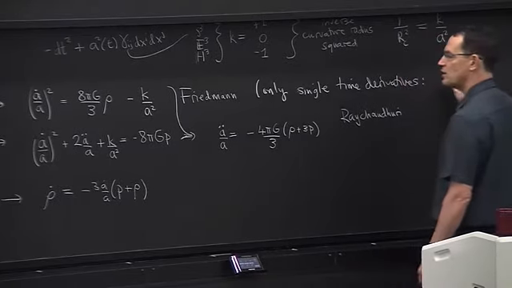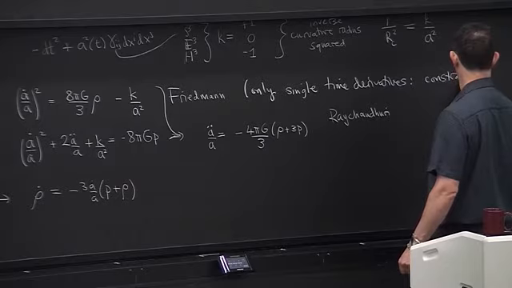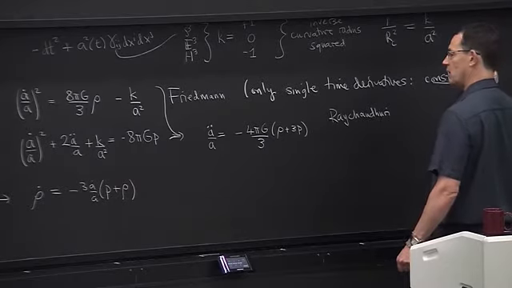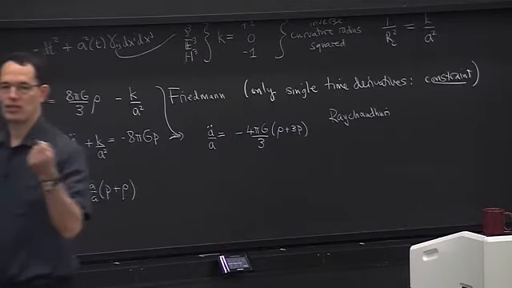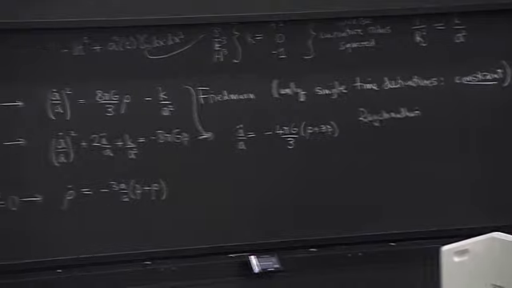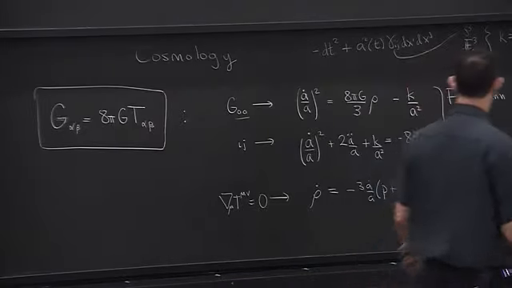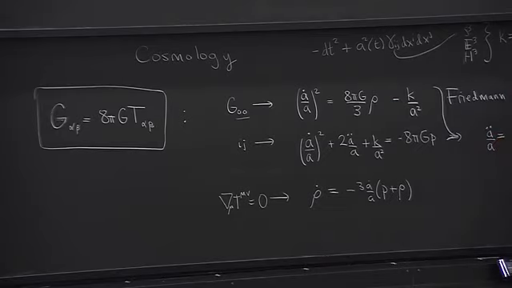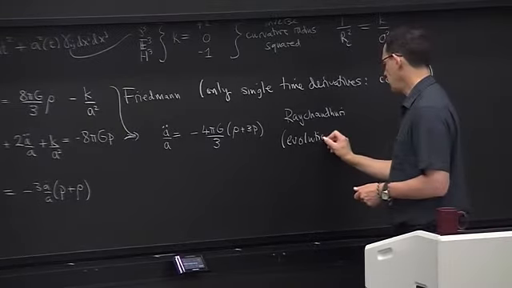This equation is a constraint. So if we get some equation that restricts the velocity somehow, that's a constraint. It's not an evolution equation. What we call an evolution equation is something which involves the second time derivatives, like F equals ma.